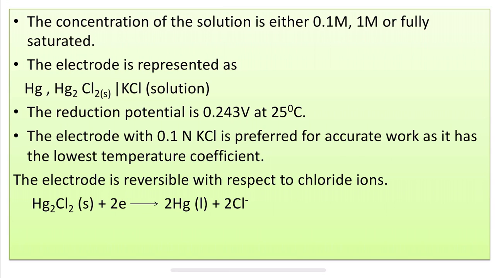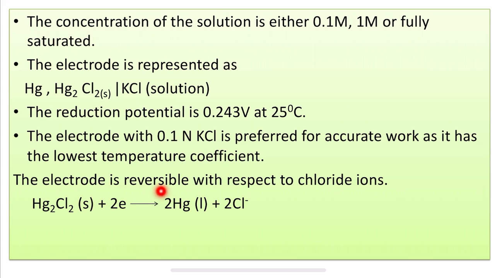For example, if we use 0.1 normal to 1 normal and standard solution of KCl, then the calomel electrode will have more electrode potential. The electrode with 0.1 normal KCl is preferred for accurate work as it has the lowest temperature coefficient.